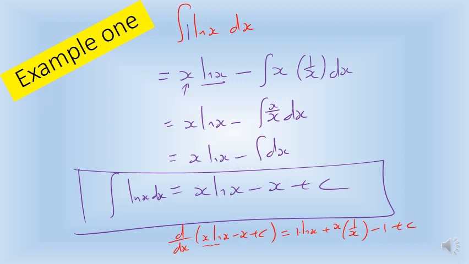You don't have to be a rocket scientist or have a PhD in mathematics to see that what I've just proved right now is the derivative of the right-hand side equals ln x. Problem solved. Let's move on to the next example.